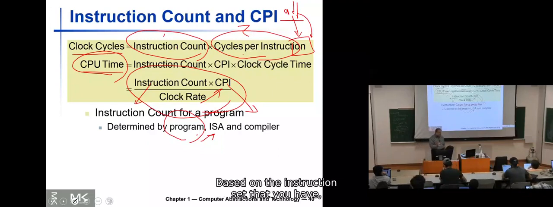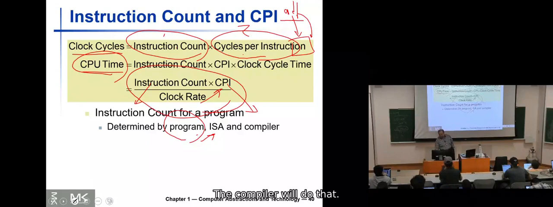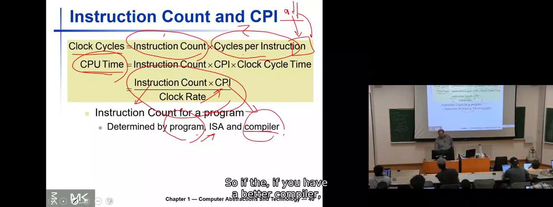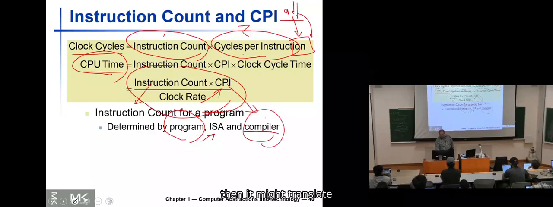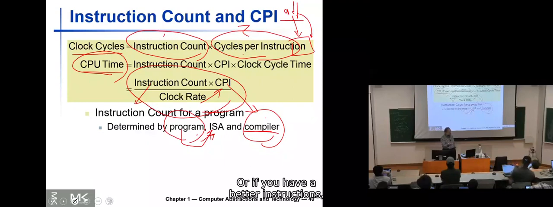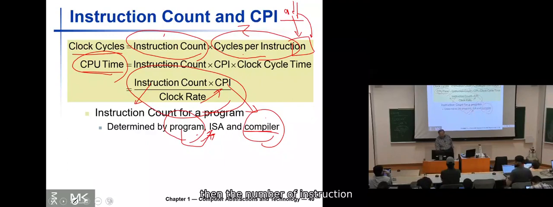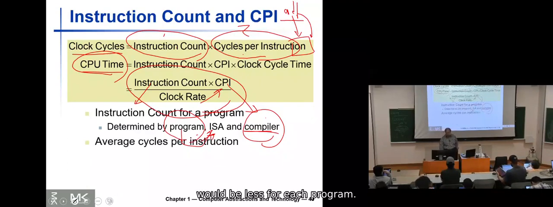Based on the instruction set that you have, each high-level language is compiled to low level, and the compiler does that. So if we have a better compiler, then it might translate a high-level language to fewer instructions. Or if we have a better instruction set, then the number of instructions would be less for each program.